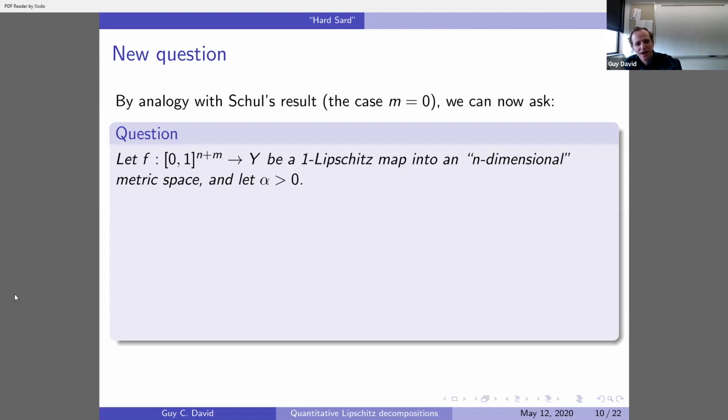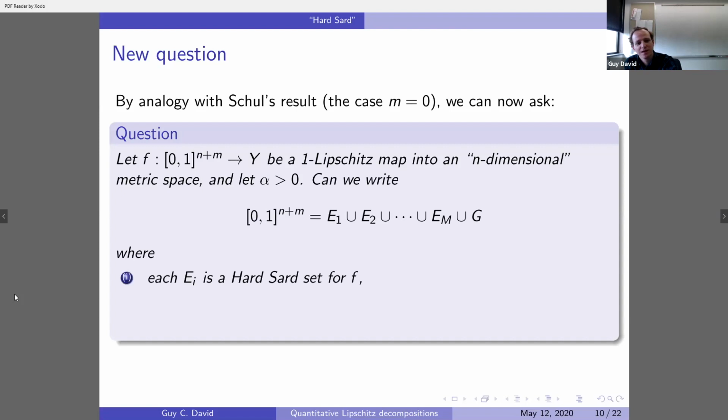And you have some parameter alpha. Can you decompose the domain of your mapping into a finite number of pieces plus a garbage set, where each of these pieces is a Hardside set for your mapping? So your mapping looks like an orthogonal projection on each of those pieces.